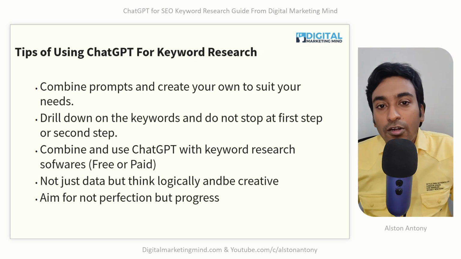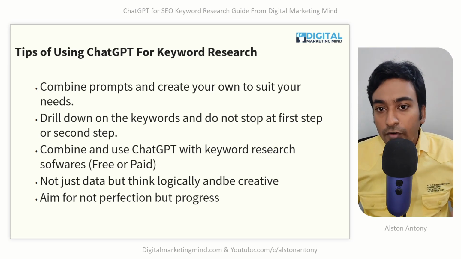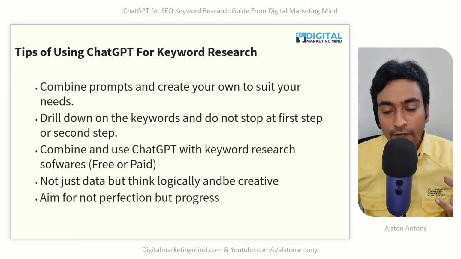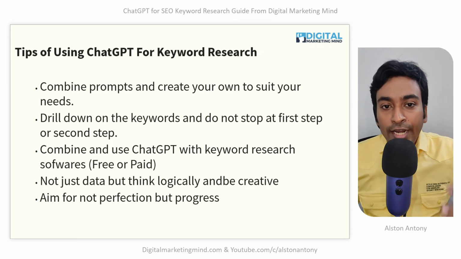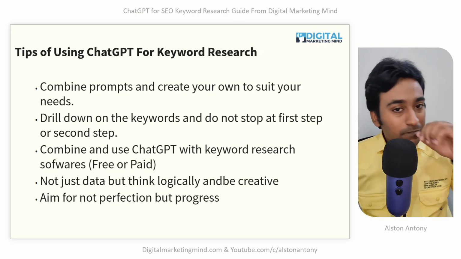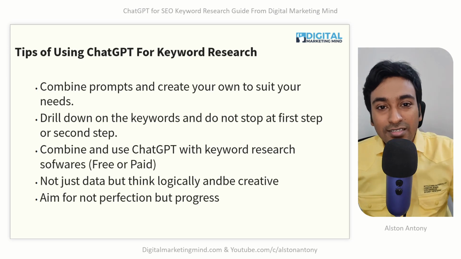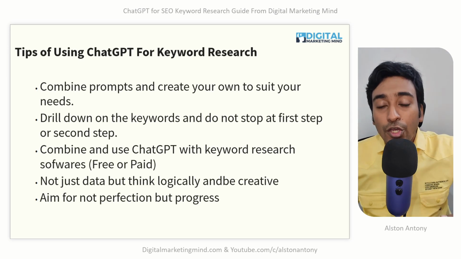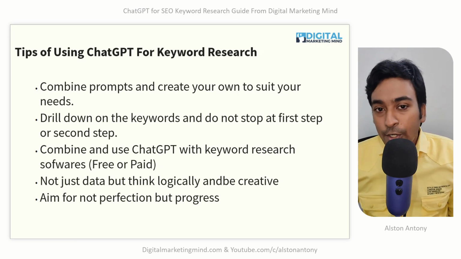So when you are trying to go for a low competition keyword or target a very specific keyword, always go down, find keywords based on that, and find keywords based on that again, and even try to come up with long tail keywords on the last keyword. When you are drilling down, you are able to find really good keywords for your personal need.